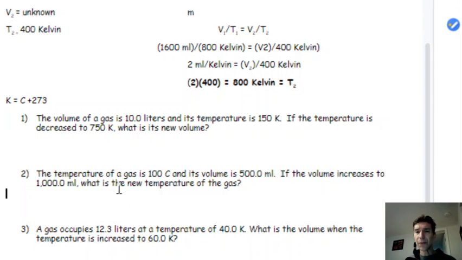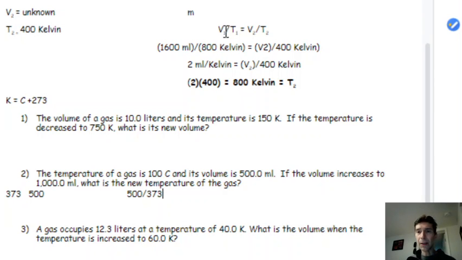So number 2 says the temperature of a gas is 100 degrees centigrade. Okay, that's in centigrade, so that's a T, and I'm going to add 273 to that, so we have 373. That's what that temperature is, and its volume is 500 milliliters. So how can I stick this into this equation? Well, the 500 would be on top, so let me just go 500 divided by the 373.